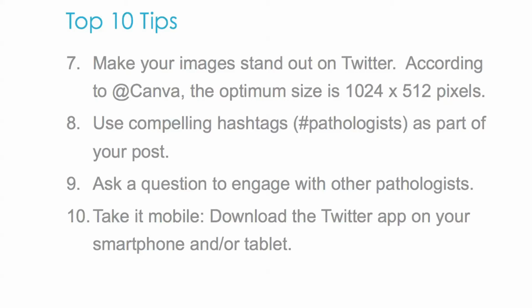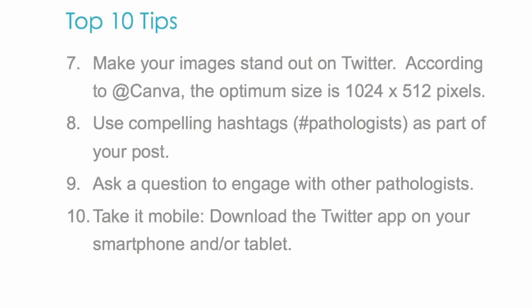Number 7, just a best practice about images. The optimum size is 1,024 pixels by 512 pixels, so that just gives you a good sense of what's a good size image to post. So #pathologist is the CAP's official hashtag for this meeting, and for other purposes, an established hashtag around which discussions take place about pathology.